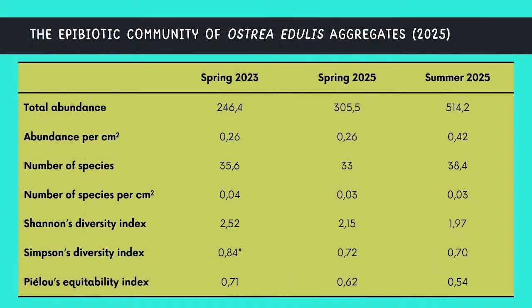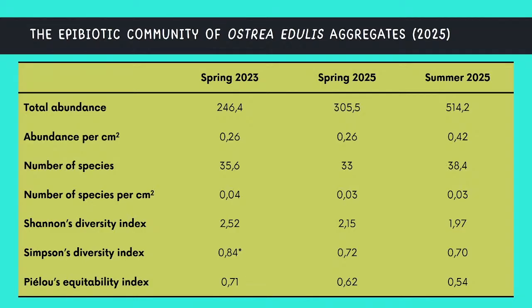I'm happy with that. And I don't expect you to read this whole table. It's only to show that there is only one little star on the Simpson's Diversity Index, but for all the other biodiversity metrics, there are no significant differences between the different sampling dates. On the Simpson's Diversity Index, we have a slightly higher index in spring 2023 than for the other ones.